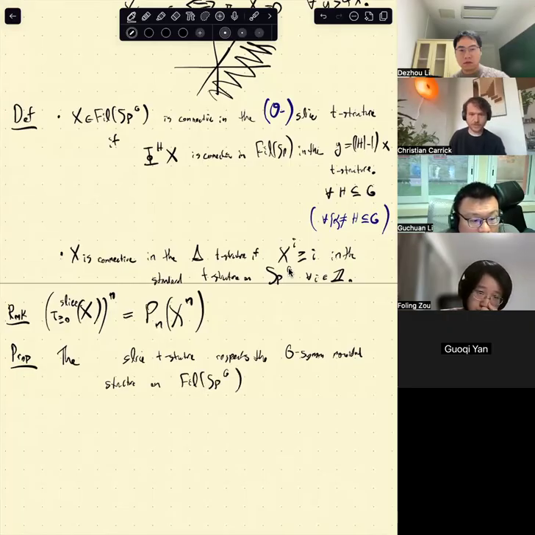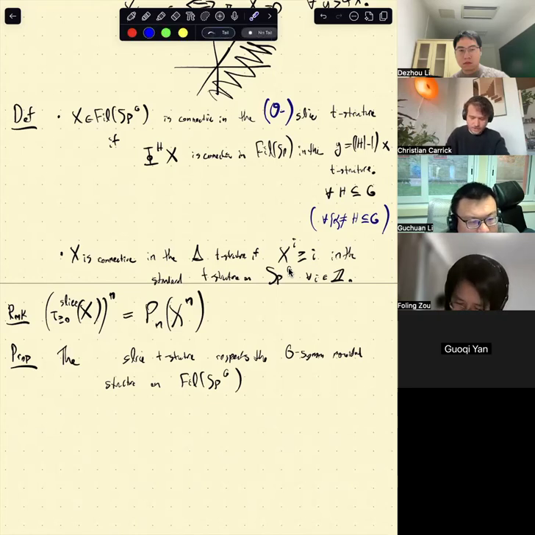This category of filtered G spectra has more than just the structure of a symmetric monoidal category, but it also has norms in it. And the slice T structure respects those norms. So for example, if you take a G commutative monoid in here and you take the connective cover with respect to the slice T structure, you still get a G commutative monoid.